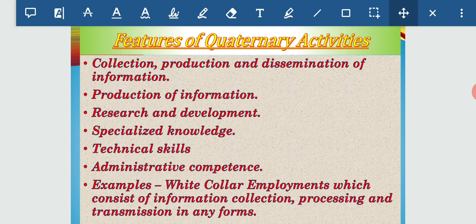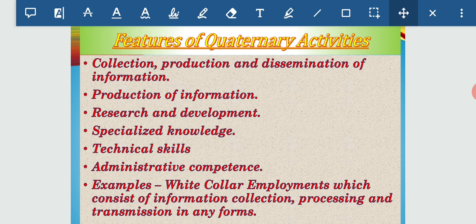Number 3, research and development. They find out new concepts, new topics, and then research work is produced. Specialized knowledge. All quaternary people have specialized knowledge. Technical skills, they are very much equipped with technical knowledge. And administrative competence. That means they are able to successfully produce something, so administratively they have to be very efficient and successful.